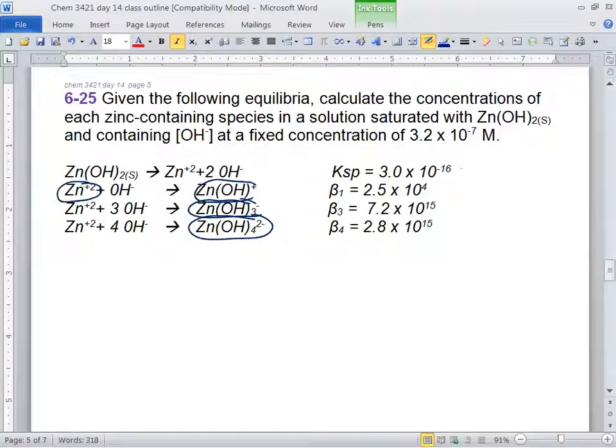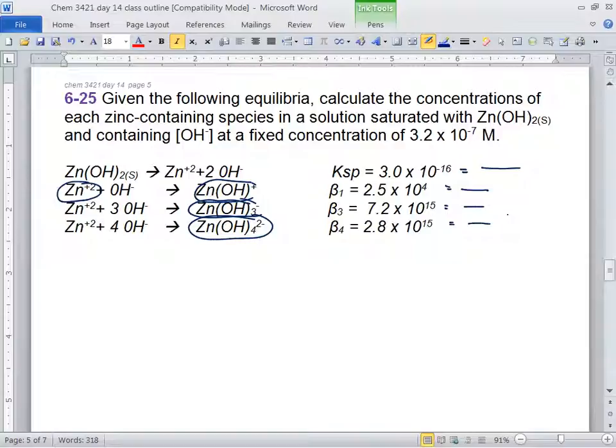We can write the KSP equation. We can write this one's expression: products over reactants, for each of them. So it should work: you have 4 equations and 4 unknowns. The trick is to start with the right one. If you start with the right one, it's a lot easier.